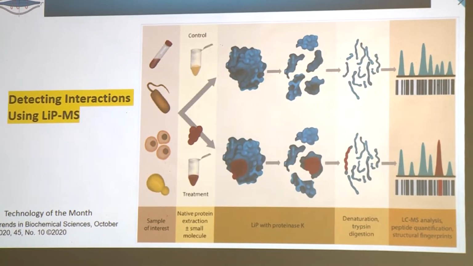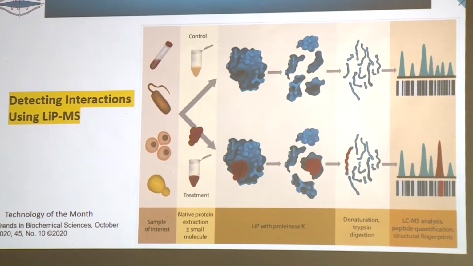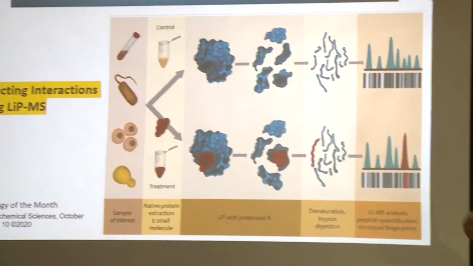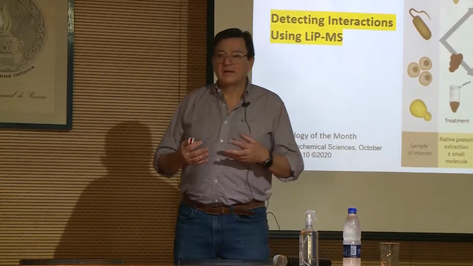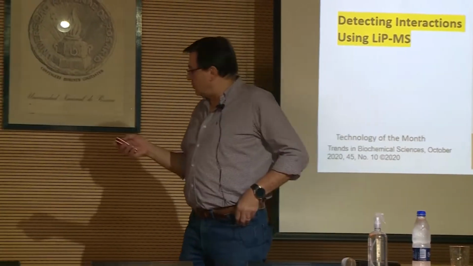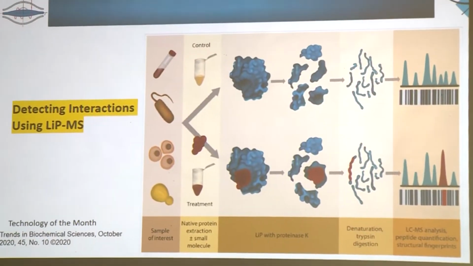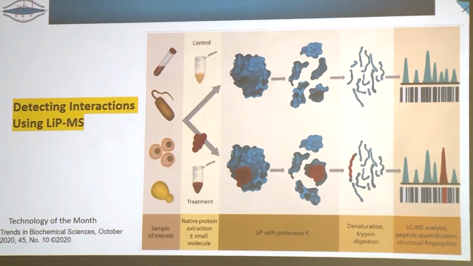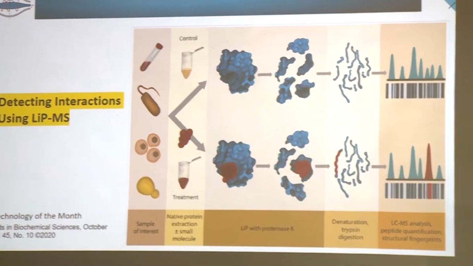Of course, this is an exemplification for one protein, but nowadays, with proteomics and the quality of Orbitrap and other technologies, you can search for all the new peptides that appear or disappear in your sample, and try to analyze what your small molecule has done to your proteome.